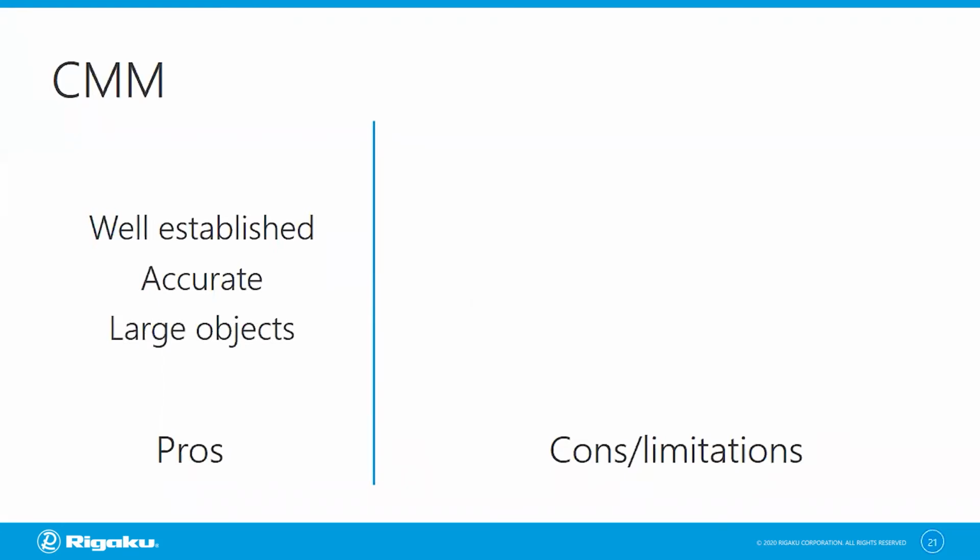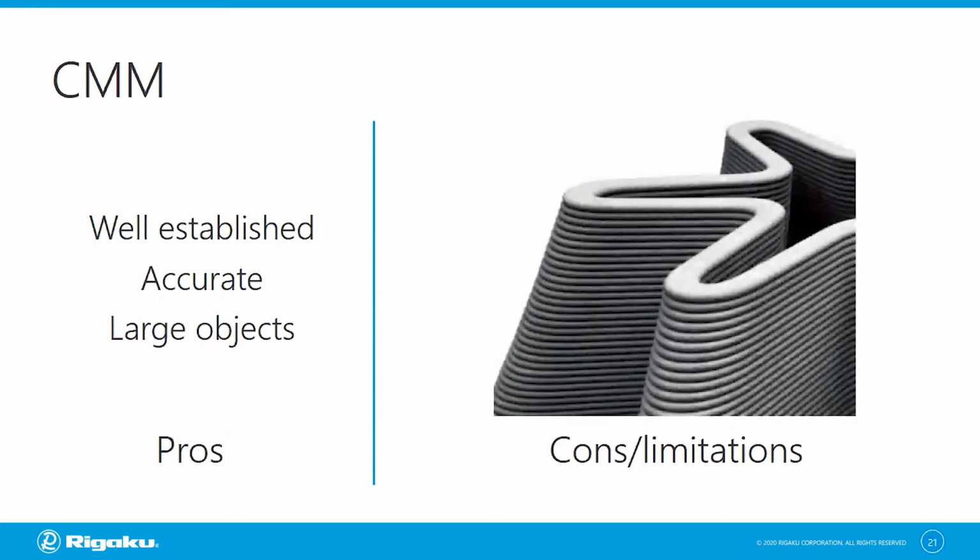But there are some limitations too. Because this is a tactile measurement, you would have to select several points to measure. You really cannot scan the entire surface. Or if there is a small space you can't really put the probe into, then you cannot do measurements. And it's the same thing for enclosed internal structures. So that's for the CMM.